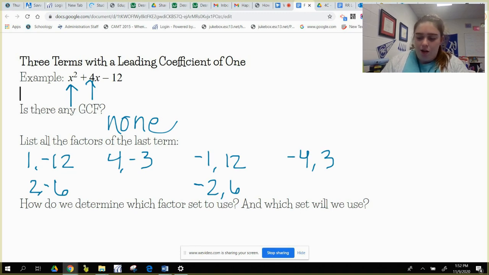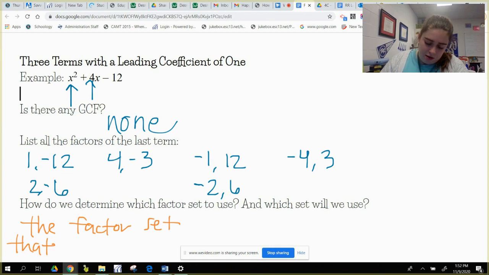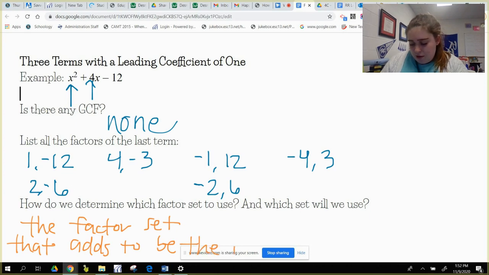So I'm going to make a note of that, and y'all can make a note on your paper: the factor set that adds to be the middle coefficient.